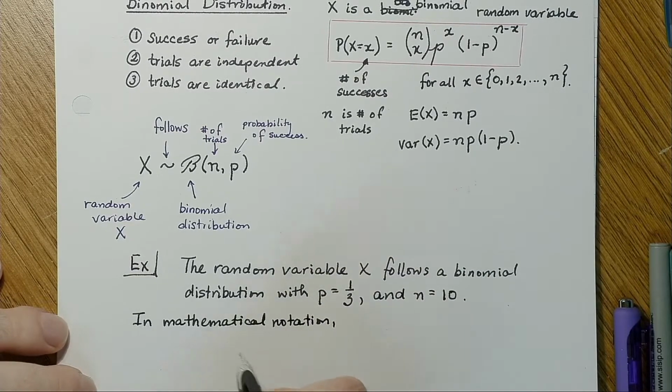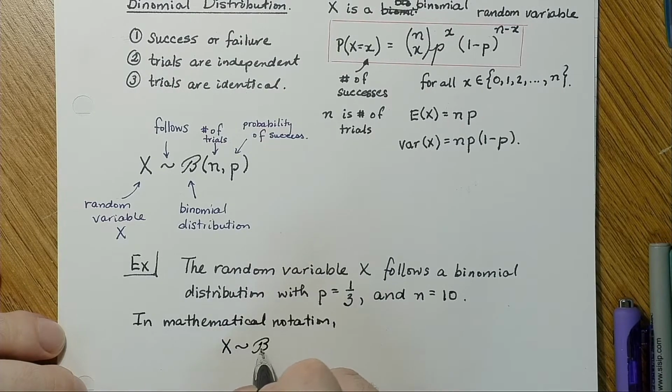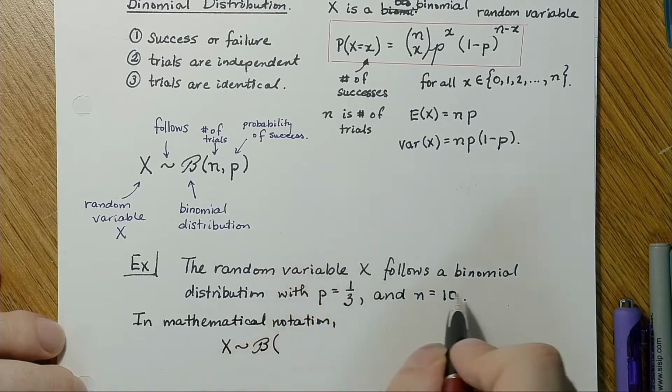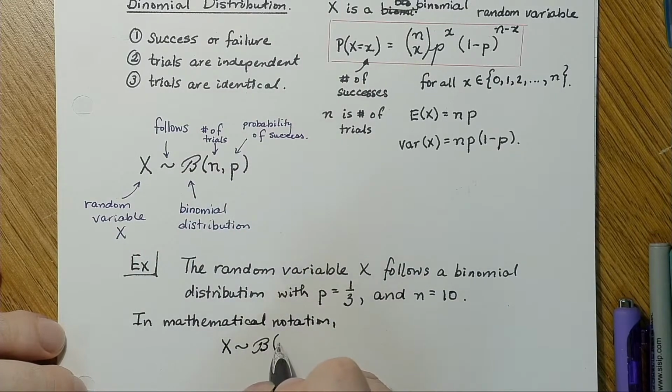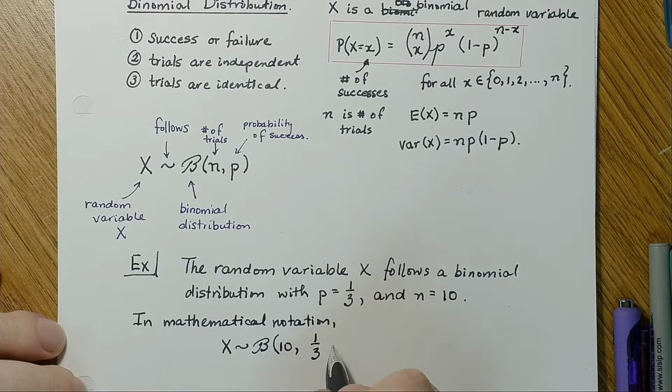You could write this in mathematical notation as x follows a binomial distribution with, and now we're going to make sure we put in the right order, 10 trials, with a success of 1/3.